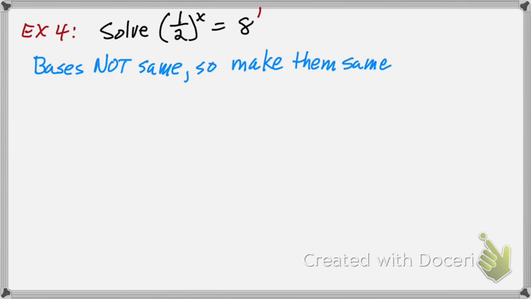I'm looking at that 1/2 on the left-hand side. Is 1/2 a power of 2? In other words, 2 to what power gives me 1/2? 2 to the 1/4 power would be the 4th root of 2.